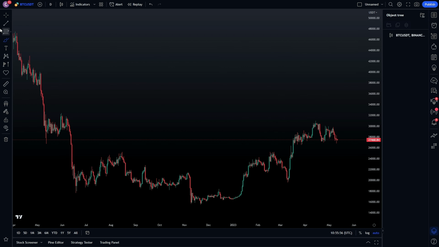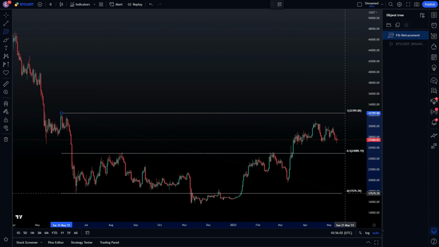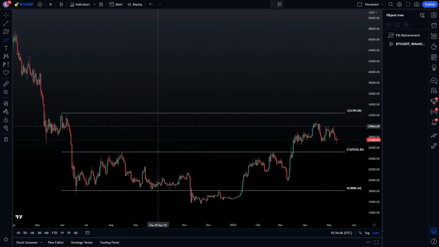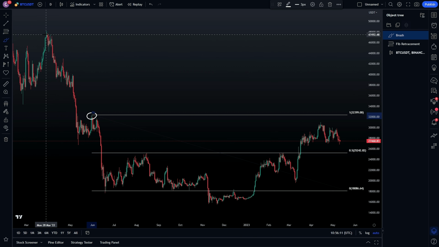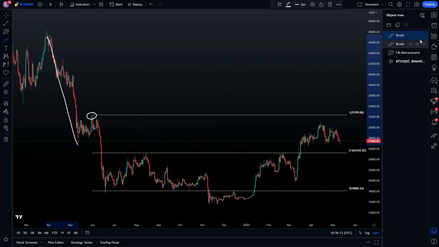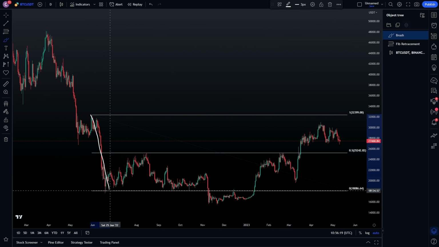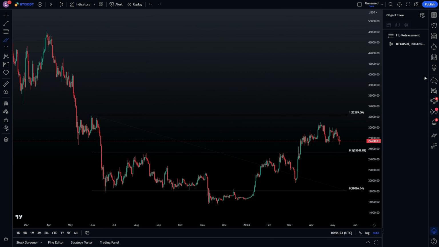So what range am I talking about? I'm talking about the range from this high with this as our range low over here. Why is that? Because first of all, this is where we had our first bounce after this massive crash. So the top of the bounce can be marked as our range high, and before we start a new drop off, the first bounce after that massive drop off can be marked as a range low.